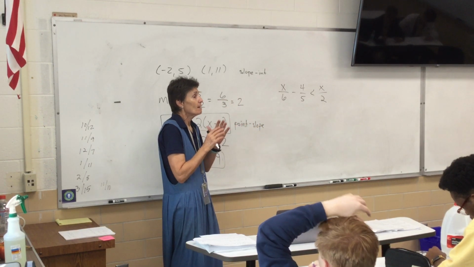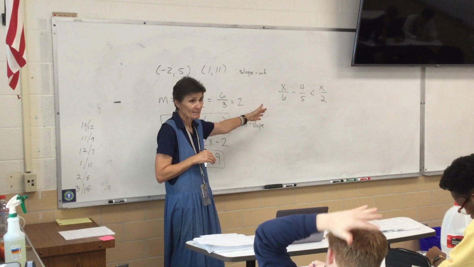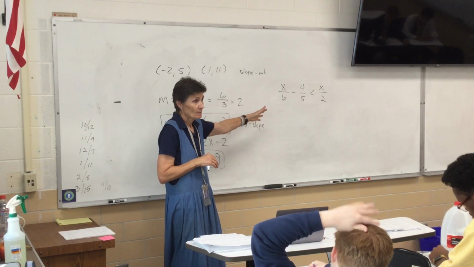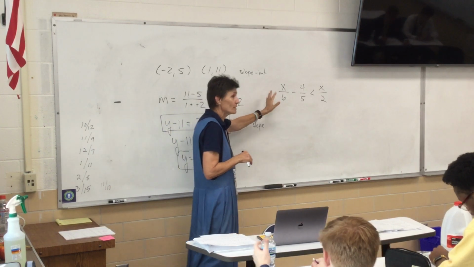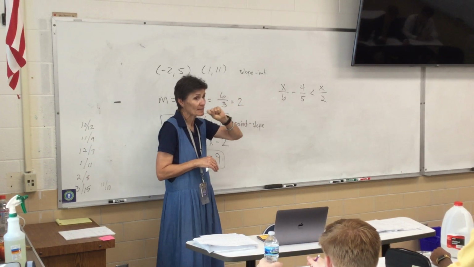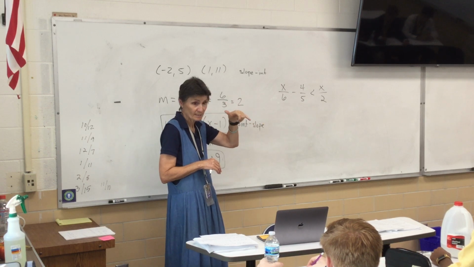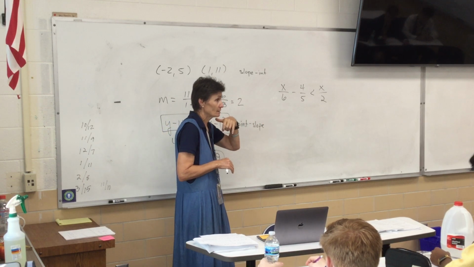It would be fine. My suggestion to you when we did these in class was that we get rid of those fractions. And we got rid of them real easily by multiplying by what? The common denominator, which is 30.